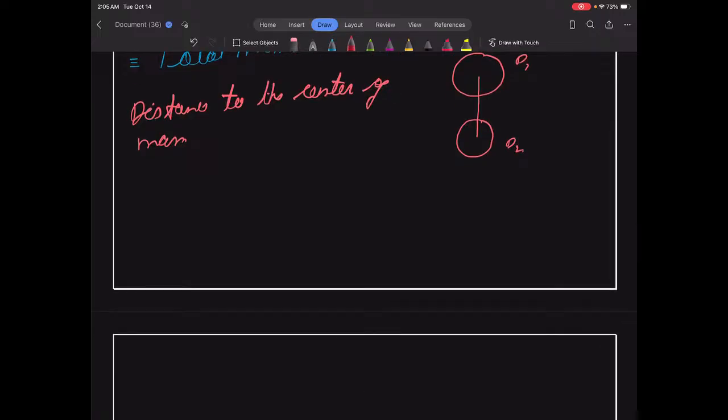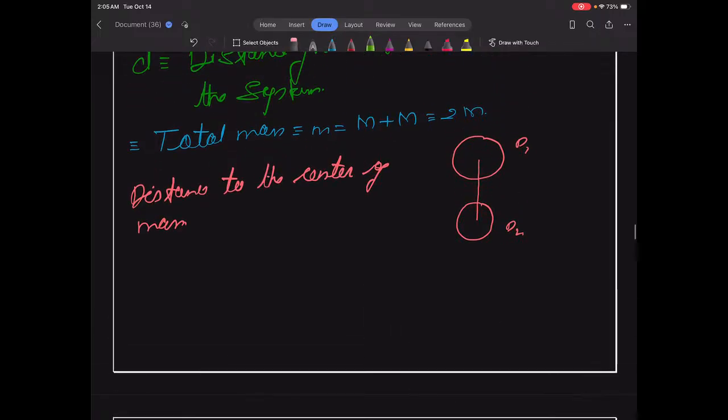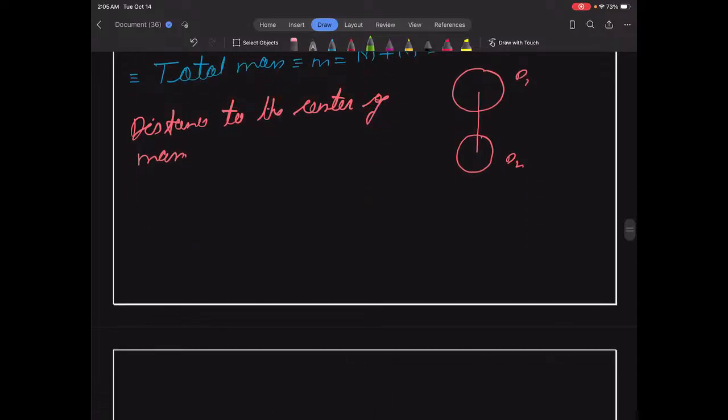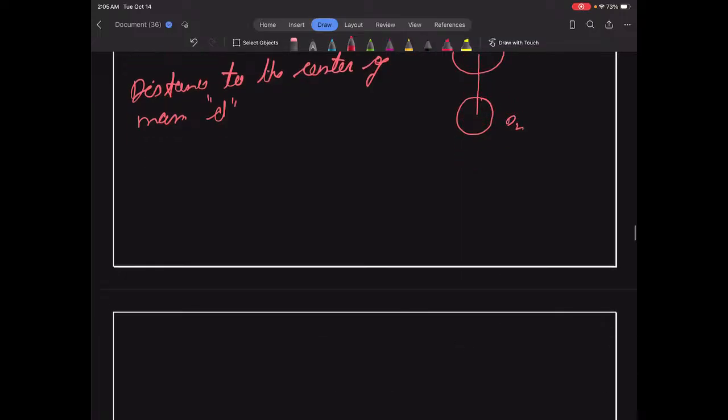Therefore, we can write that the distance of the center of mass d will be equal to upper mass times 0 plus lower mass times distance L from the point of pivot, divided by the summation of both the masses. This gives us m L upon 2m, and here m and m cancel out, giving us L by 2.